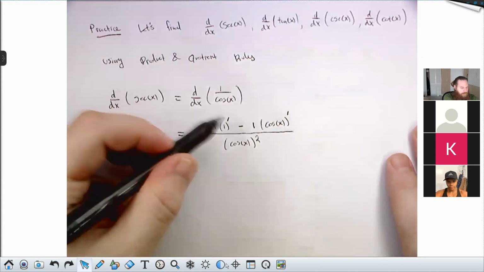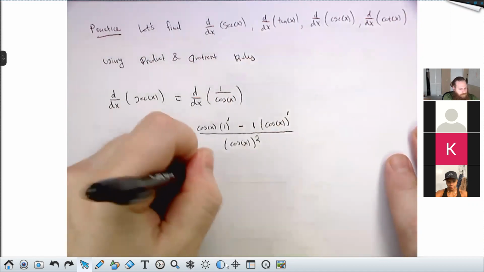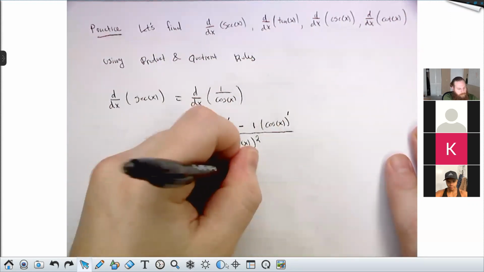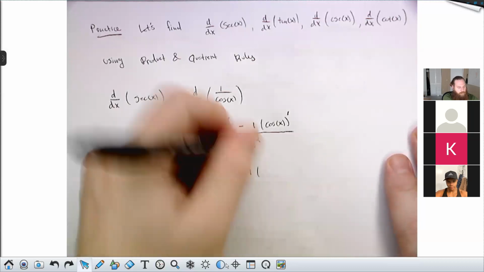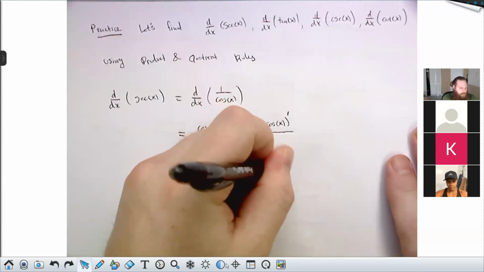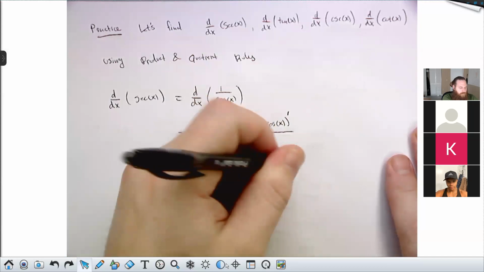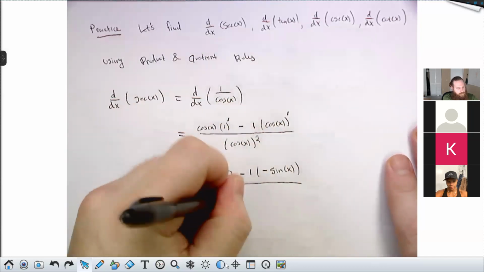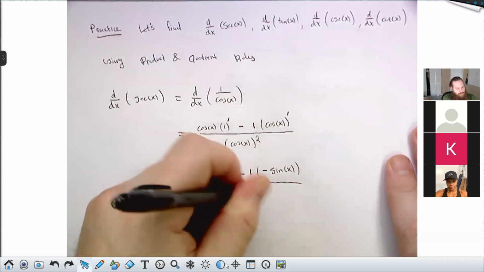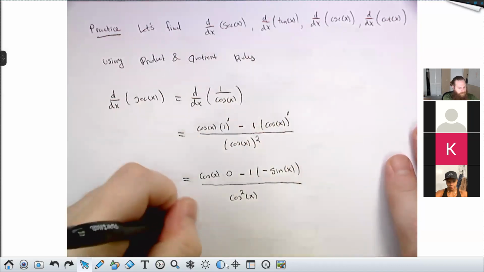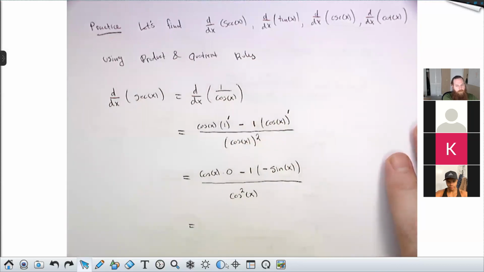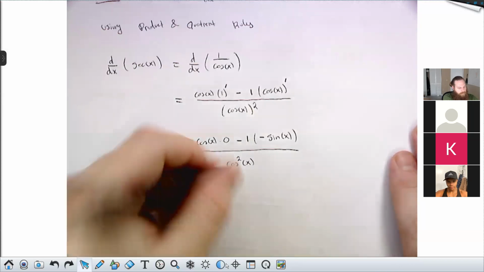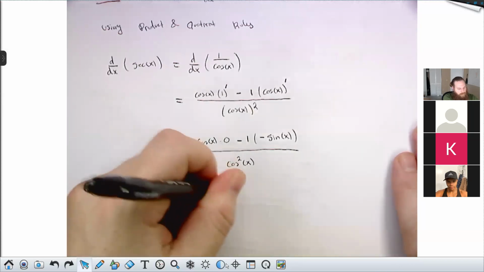So here we'll have cosine times the derivative of 1. So that's cos x times 0 minus 1 times the derivative of cosine. That's negative sine of x. And then all of this is being divided by cos squared of x. Well, cos x times 0, that's 0. And negative 1 times negative sine is positive sine.